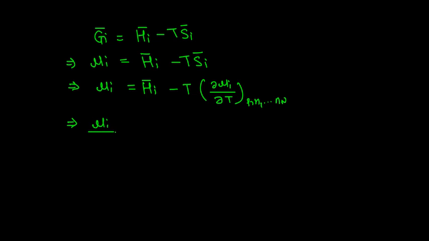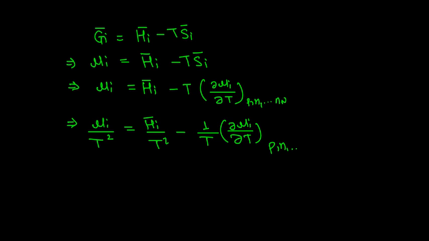I divide this by T squared, from which I get Hi bar by T squared minus 1 over T del μi by del T at constant P and N1 and capital N. Okay, so now I have the expression for partial molar enthalpy of the system divided by T squared.